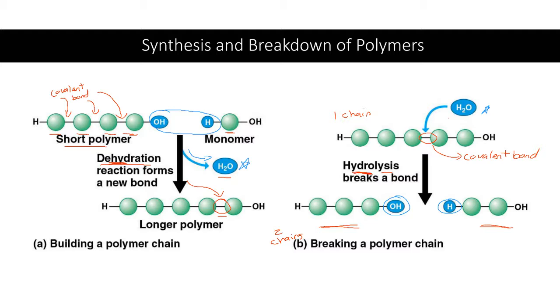But you see what happened here in hydrolysis? We added water. We broke a covalent bond. We added a water molecule, and we split a bigger polymer into 2 smaller chains. That's as simple as that.